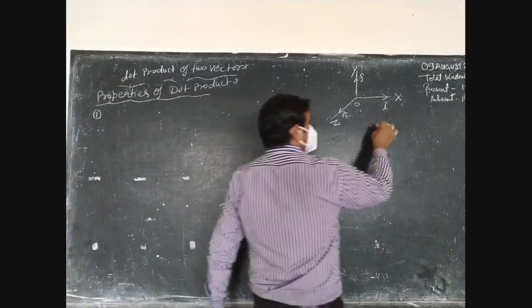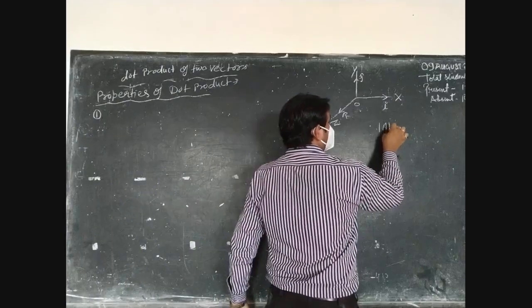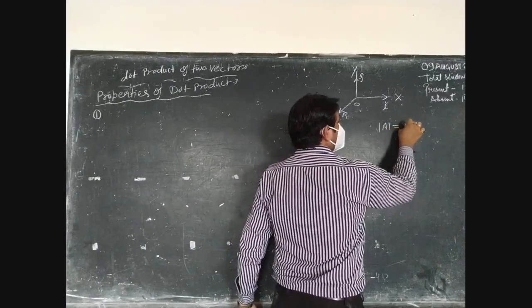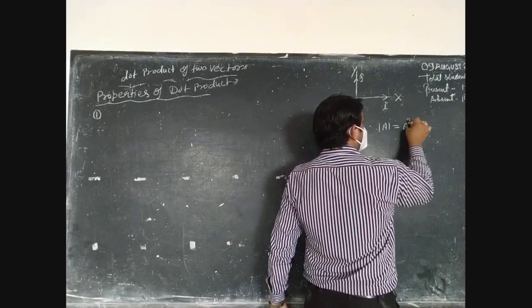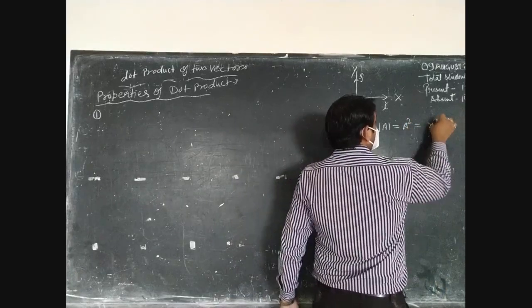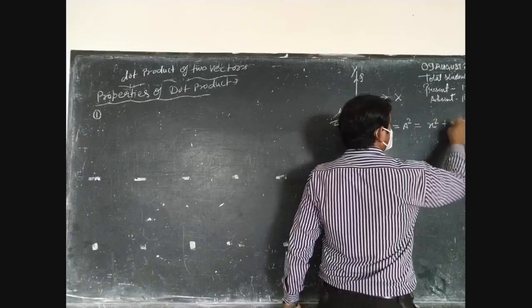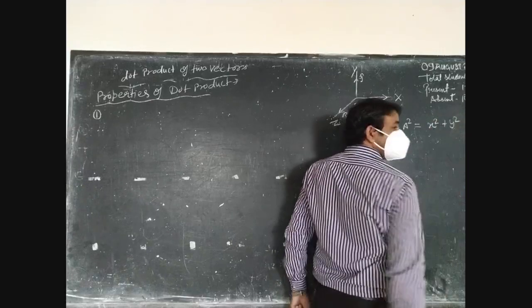Another thing is the modulus of vector A is equal to A, or you can say A square is equal to x square plus y square.